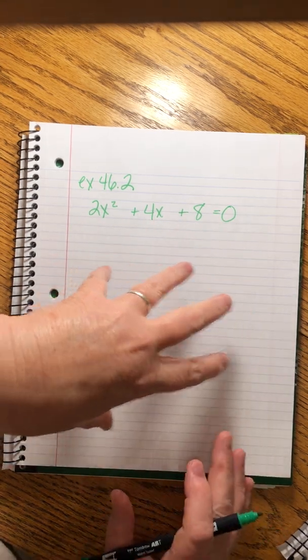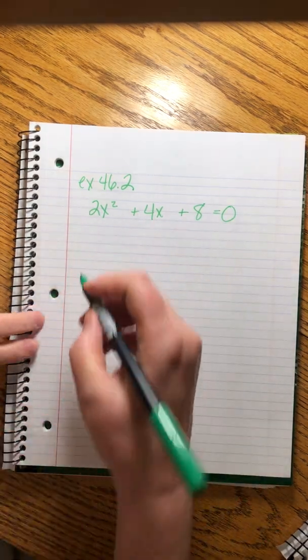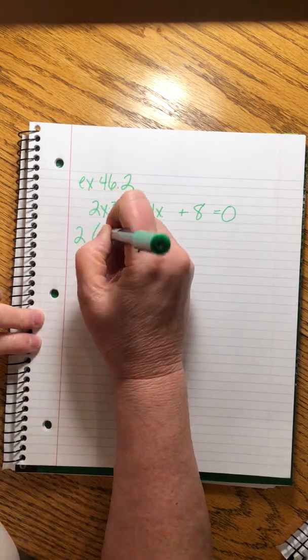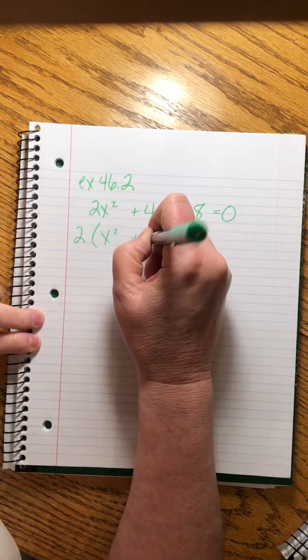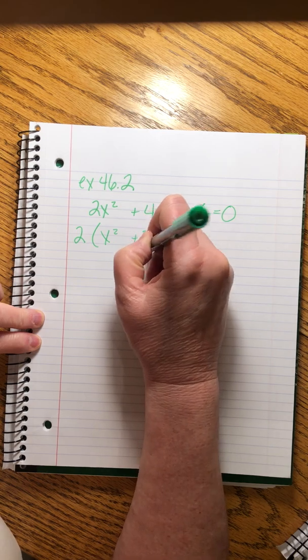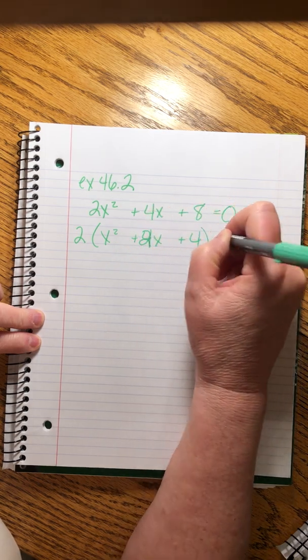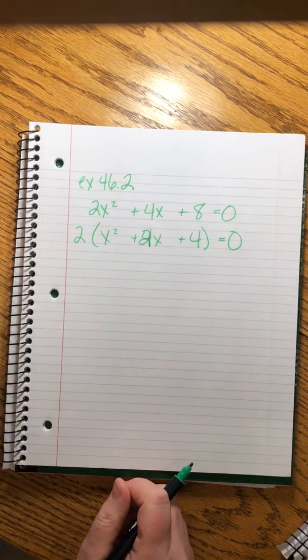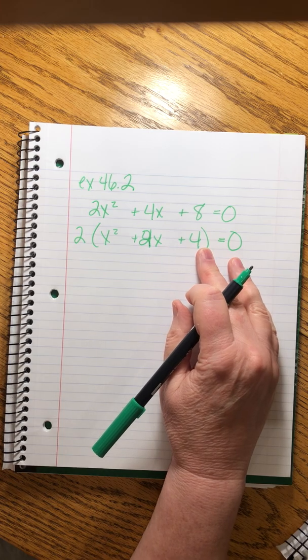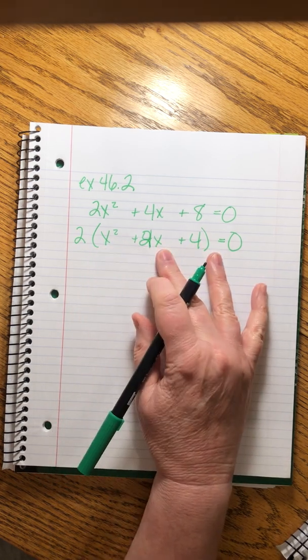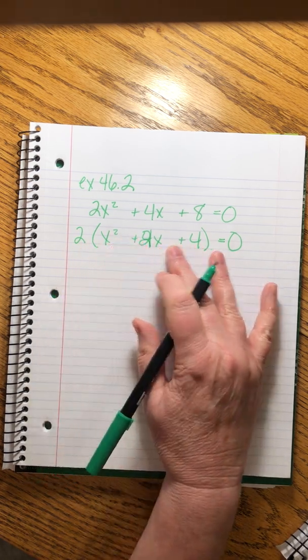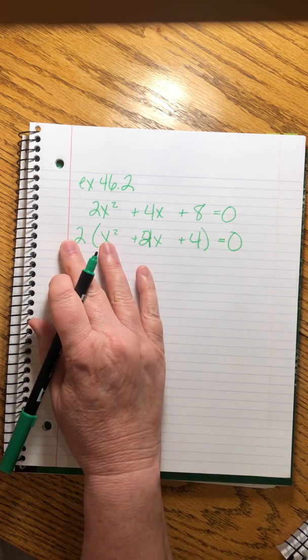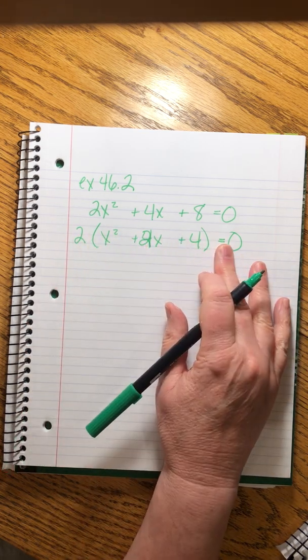So instead of dividing, let's factor out 2 from everybody. So we'll have x squared plus 2x plus 4 equals 0. I just factored the 2 out. Now, we know that when we finish factoring this, we're going to have 2 binomials, and then we'll say one of these 3 things has to equal 0. 2 equals 0 is not going to be part of our solution, is it?